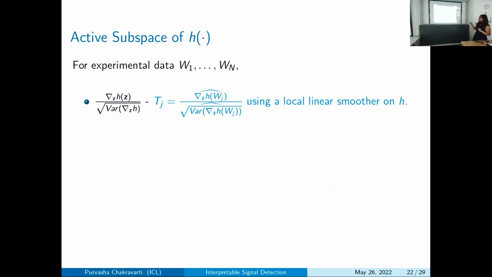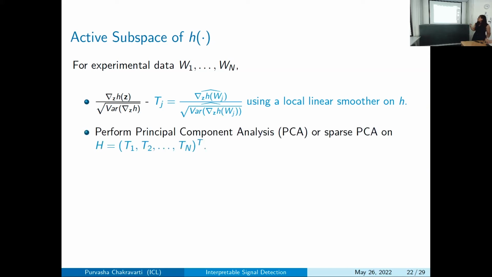For the standardized gradients, what we do is fit a local linear smoother to the classifier surface. We have these classifier outputs at these particular points, and you fit a local linear smoother to get smooth gradient estimates at each of the points. Then, using these gradient estimates, you perform principal component analysis.